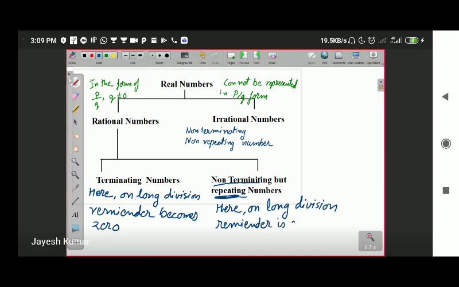So terminating numbers are those in which on long division the remainder is 0. Non-terminating numbers are those in which on long division the remainder is never 0. You have to make this chart as it is in your copy, with all the things that were pre-written and all the things that I have written afterwards. If you want, you can pause the video and note the chart correctly.